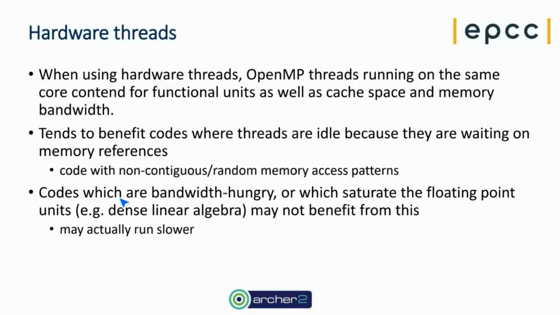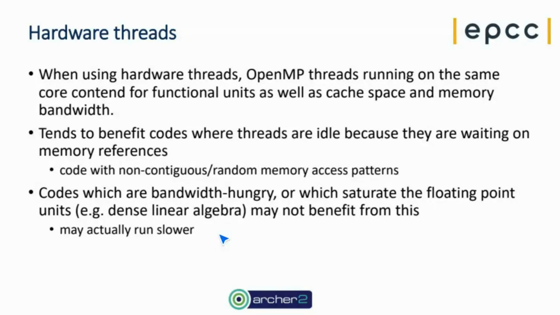Typically, codes which are very bandwidth hungry or which saturate floating point units, for example dense linear algebra, may not benefit from hardware threads, because a single hardware thread is already maxing out whatever shared resource it is. And typically it might also run slower, because in order to exploit the hardware threads you had to explicitly expose more parallelism in your application.